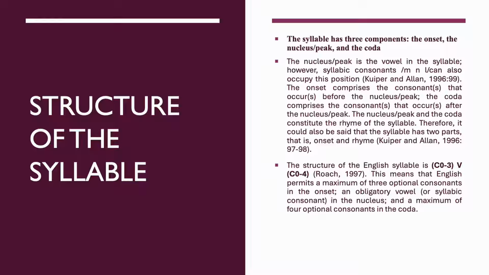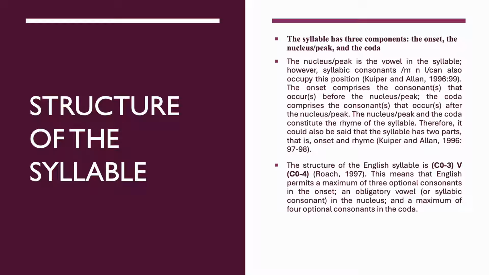So from this explanation, you see that the structure of the English syllable is C 0 to 3 in brackets, then the V without a bracket, then C 0 to 4 in brackets. What this simply means is that elements in brackets are optional, while elements without brackets are obligatory.